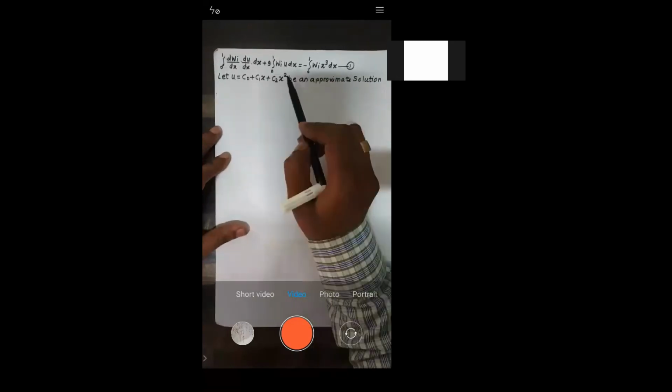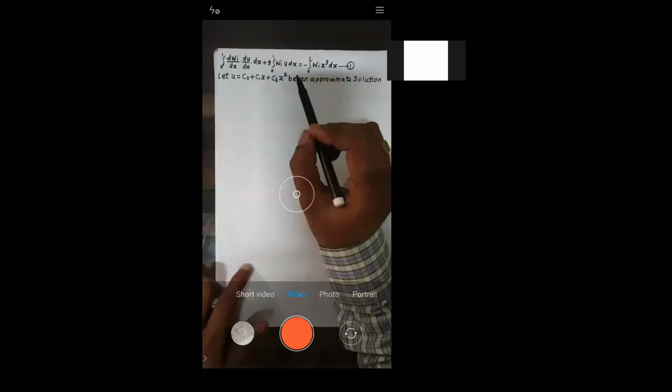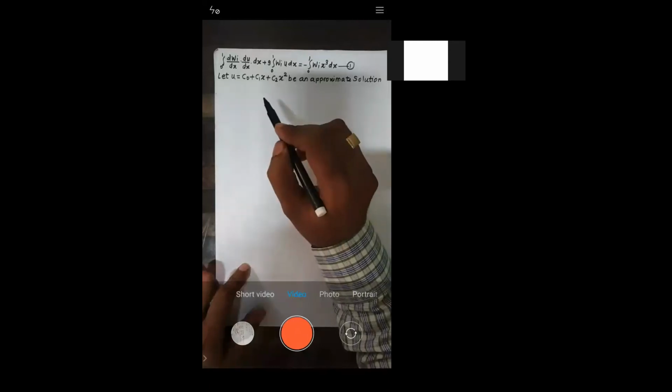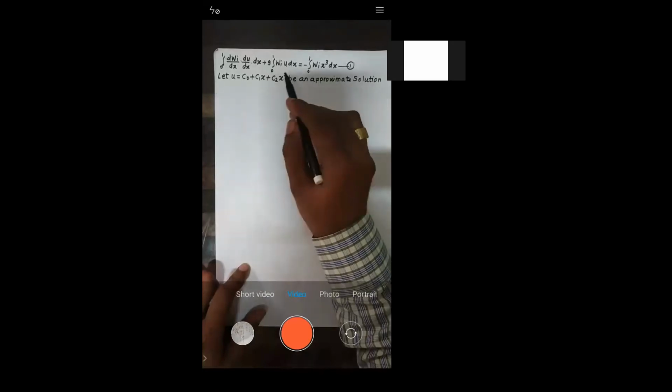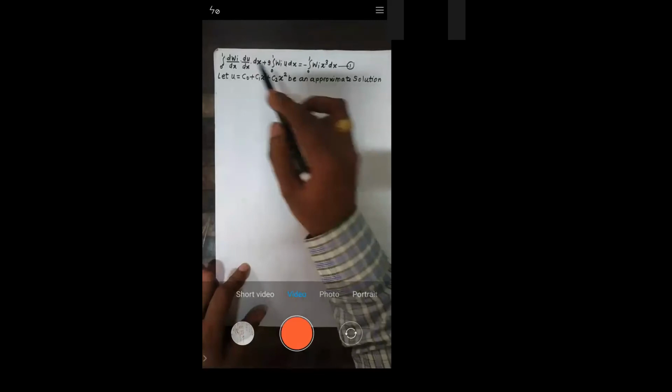What was the power of x in previous methods? You had taken one additional term, plus c3x cube. And what is the power of x here? It's 2 only, because here it is first order, so the power of x is 1 plus 1, which is 2. Is it okay with this one?